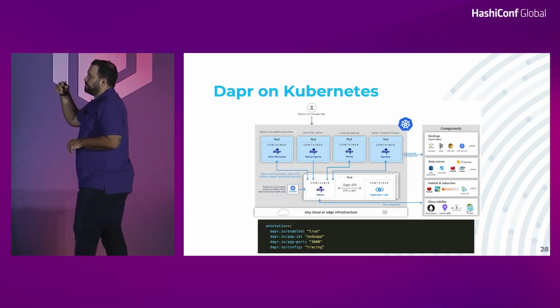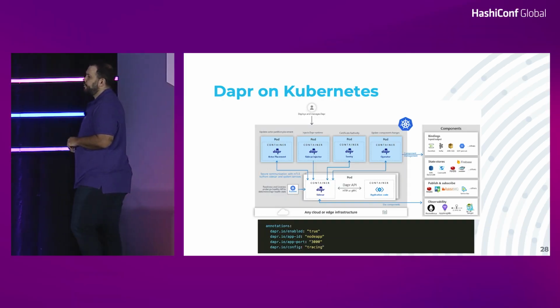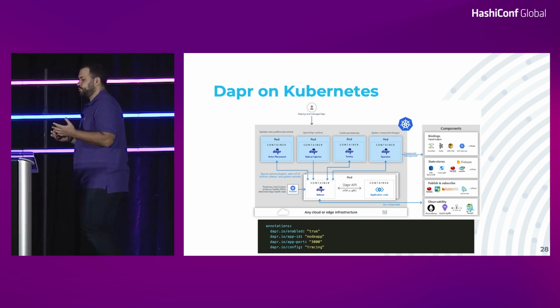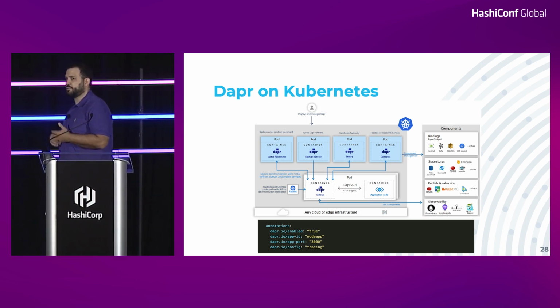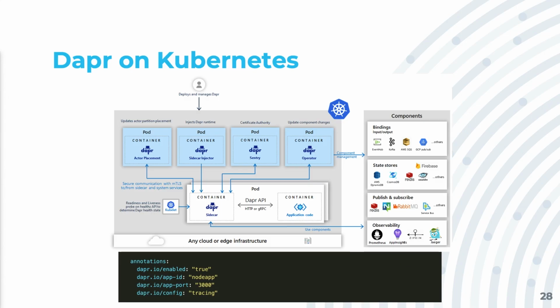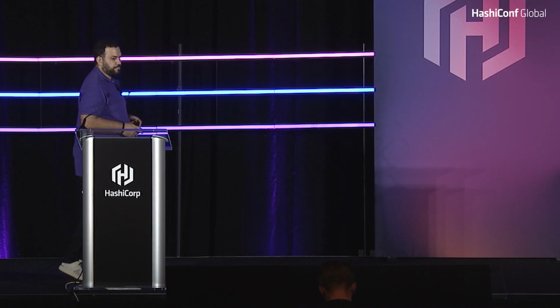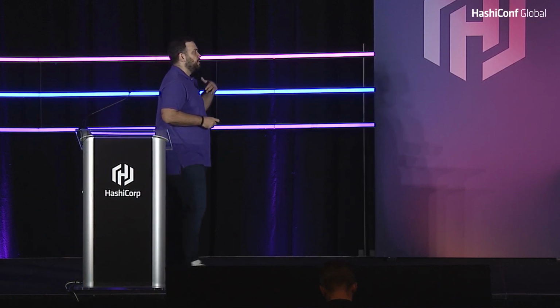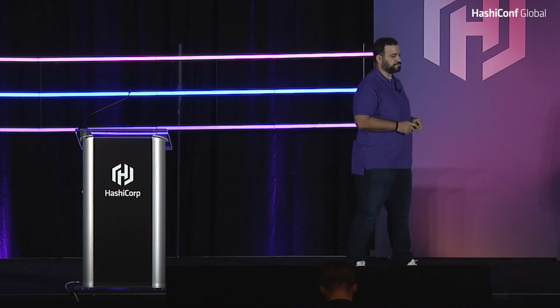And when you deploy you don't have to change anything in your deployment, so your Helm charts stay as they are. And every time you deploy, you just have to add those annotations, and the Dapr control plane is responsible for deploying the sidecar next to your service.